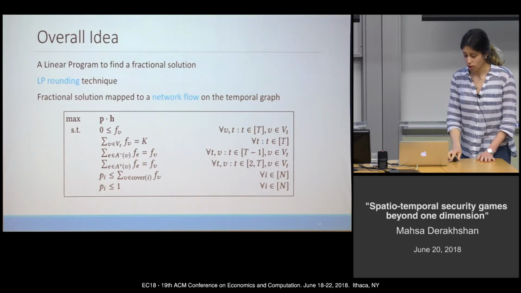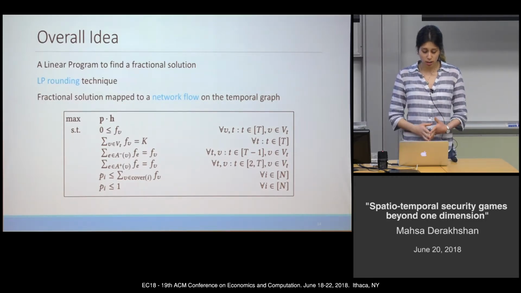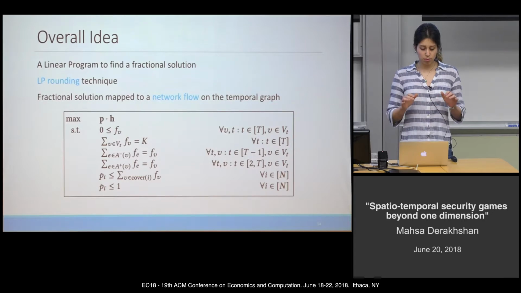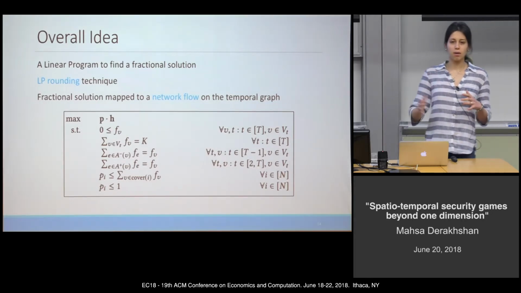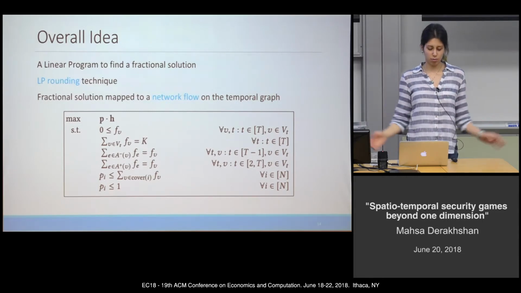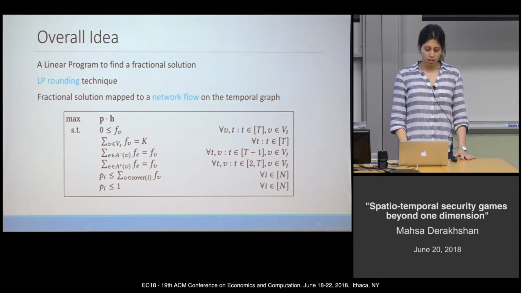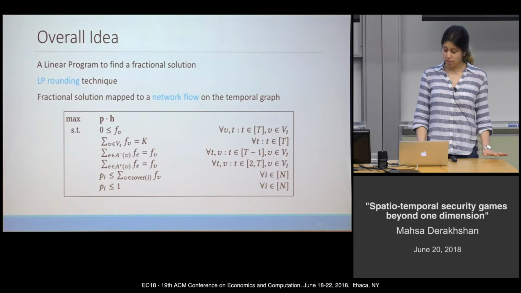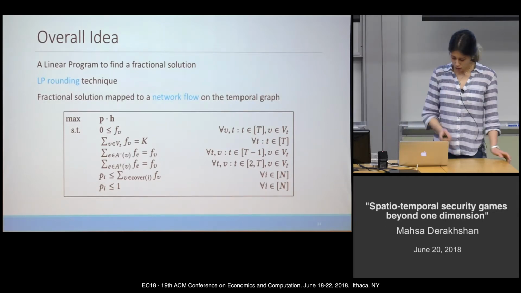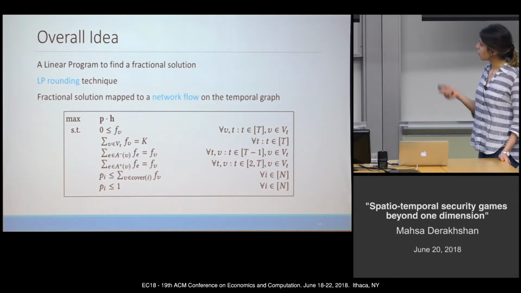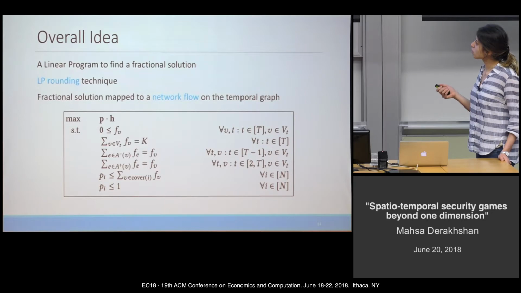What do I mean by the fractional solution? In this solution, we assume that patrols can move fractionally. For example, one half of the patrol can move along one path, and the other half moves along another path. We can represent any fractional solution here by a network flow on the temporal graph. So this is the linear program that finds a fractional solution.